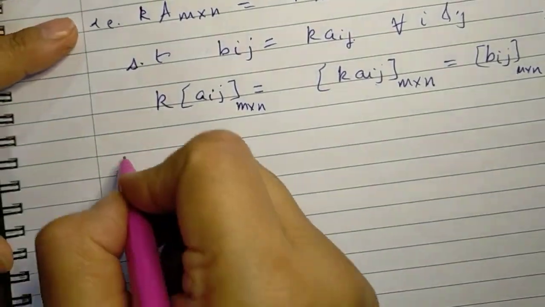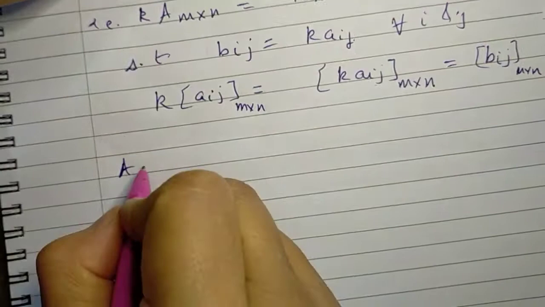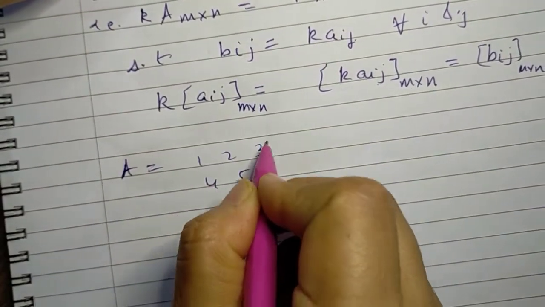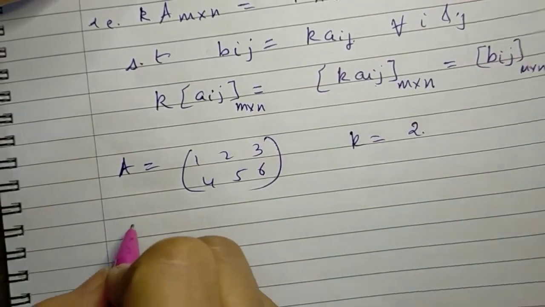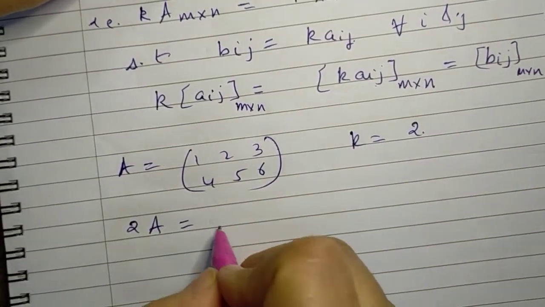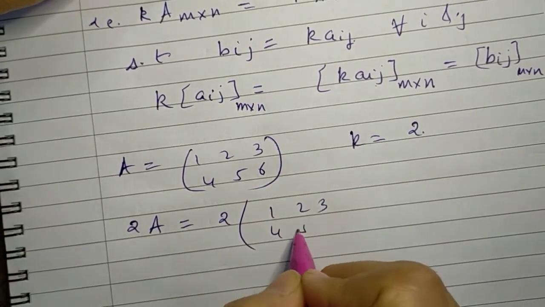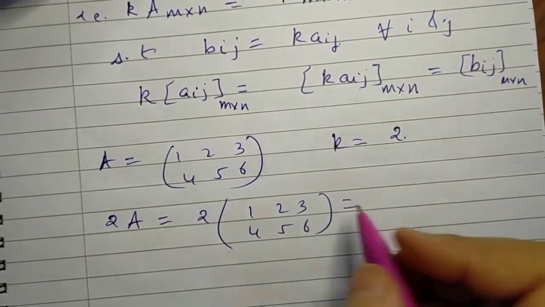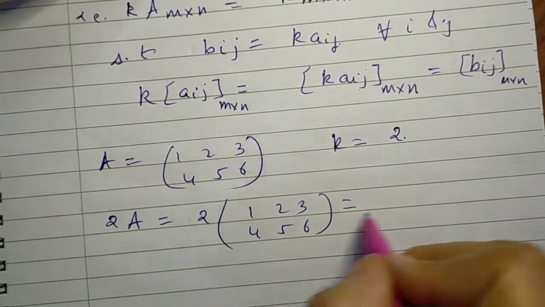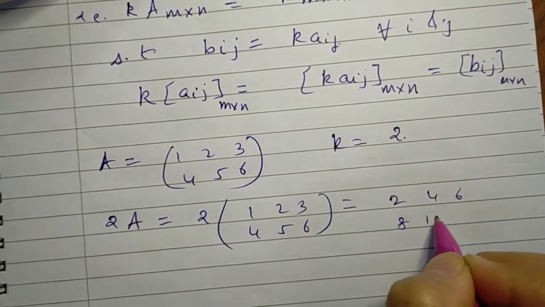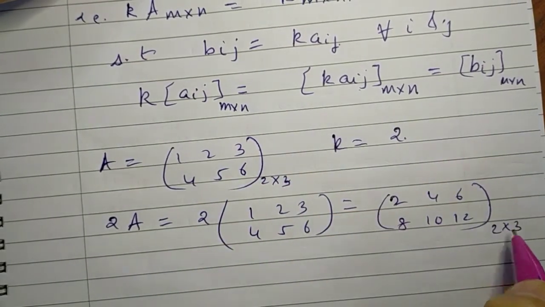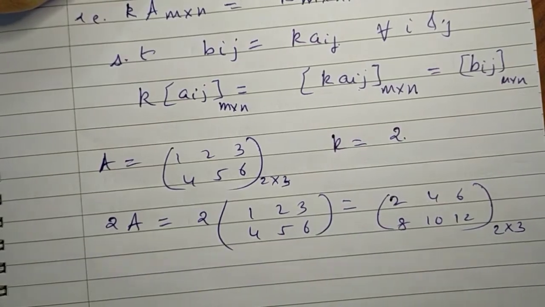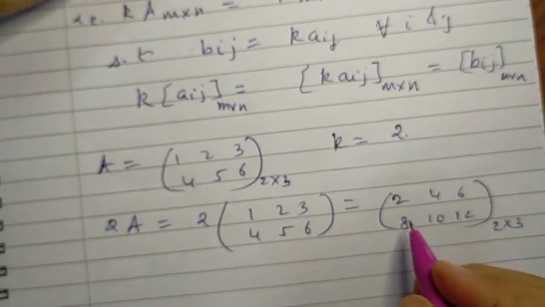For example, if I have a matrix A as [1 2 3; 4 5 6] and the scalar is 2, then 2A will be 2 times [1 2 3; 4 5 6], which is equal to, with every element multiplied by 2, [2 4 6; 8 10 12], which is another matrix of order 2 by 3, and every element is multiplied by that scalar 2.